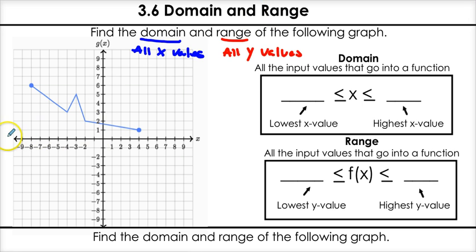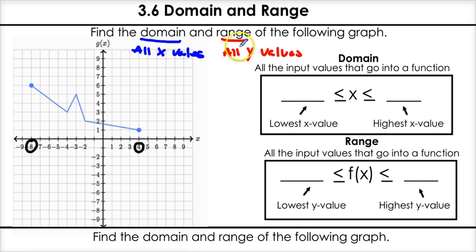So the x-axis, remember, is going left to right, and the y-axis is going up and down. The way to find the domain and range using a graph is pretty straightforward. For the domain of a graph, you just look for the lowest x value. The lowest x value is, if you go over here, -8, right? And our highest x value is 4.